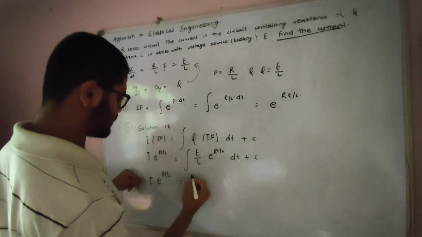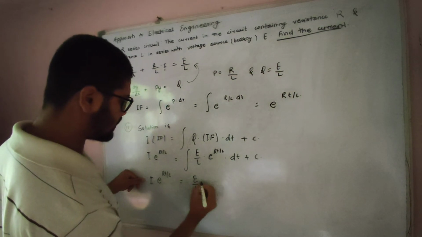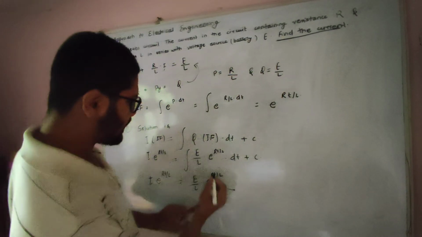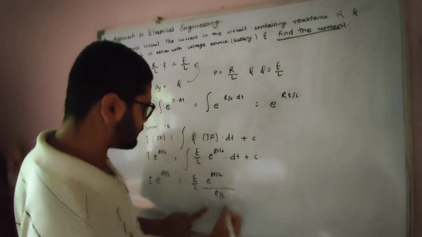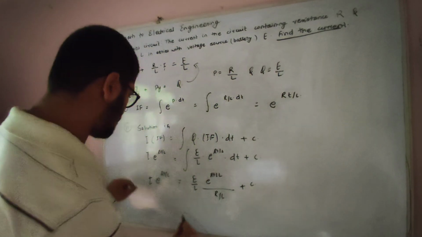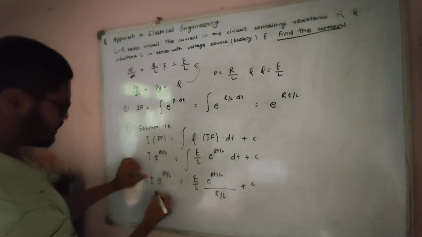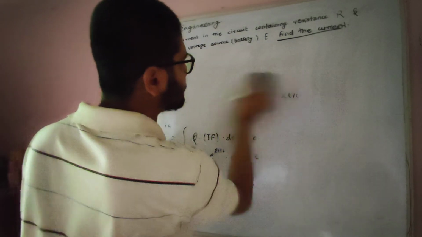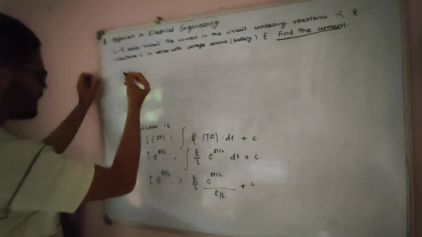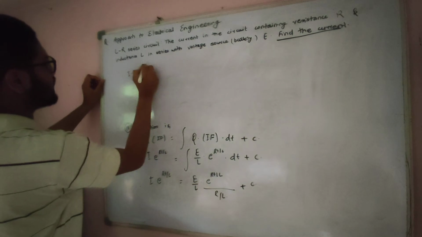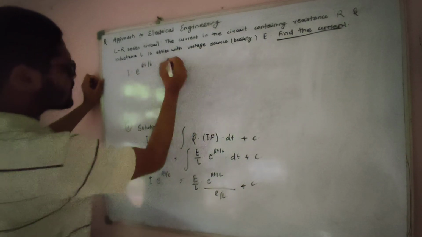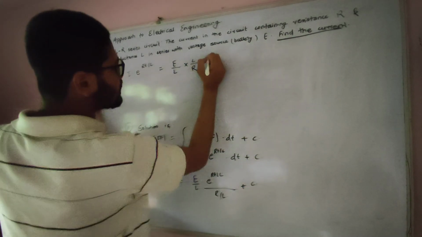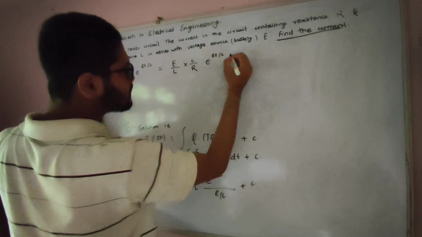So on the right, this is the integration of Q, which is E by L, times the integrating factor e to the power Rt by L, dt plus C. On integration, we get E by L times e to the power Rt by L divided by R by L plus C. If we solve further, I times e to the power Rt by L is equal to E by L times L by R times e to the power Rt by L plus C.